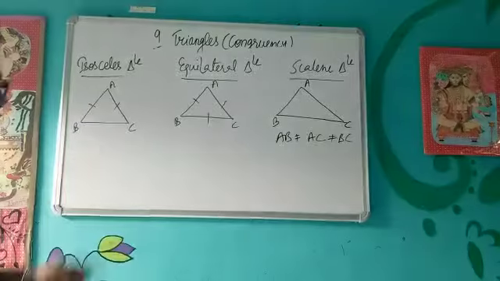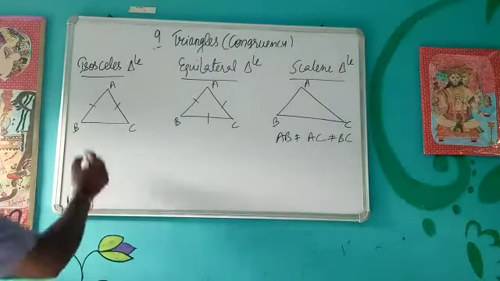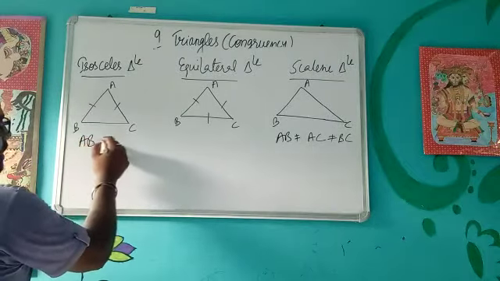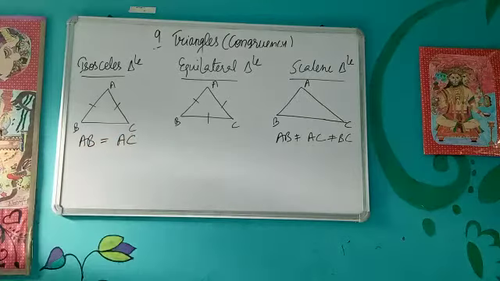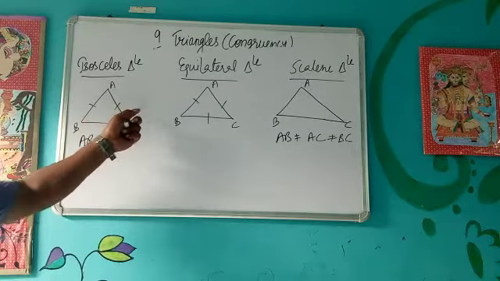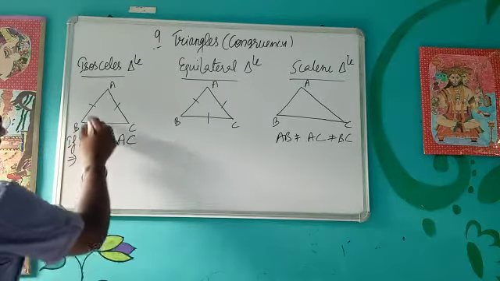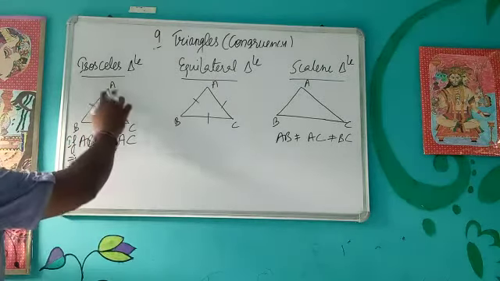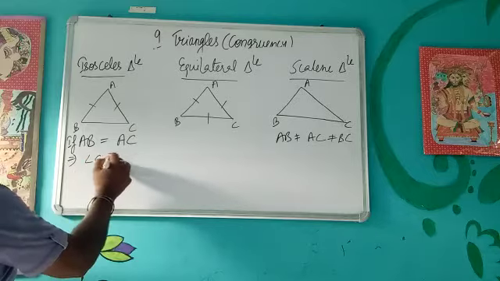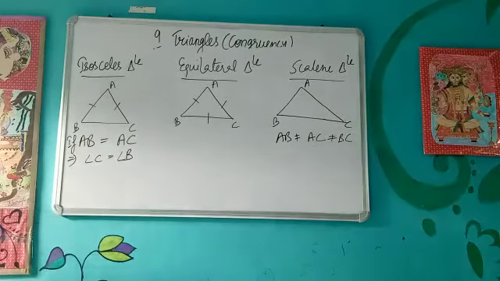Then moving on to the next one, that is the isosceles triangle. So remember this, in an isosceles triangle, opposite sides are always equal to each other. Suppose I take AB is equal to AC. So if AB is equal to AC, then the angle opposite to AB is angle C and the angle opposite to AC is angle B. Then these two angles are also equal to each other.